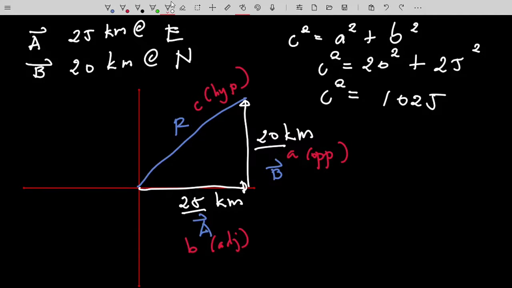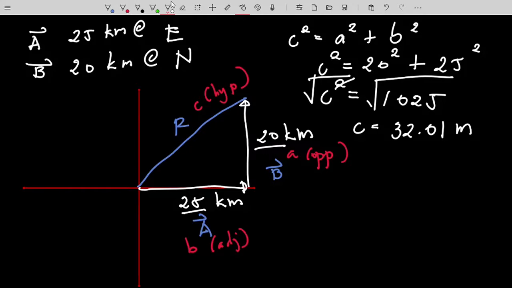To cancel the squared, we simply use the radical sign, or the square root, on both sides. So what is left is c equals the square root of 1025, which is 32.01 kilometers. So the value of your resultant vector has a magnitude of 32.01 kilometers. That is how we get the resultant vector using the Pythagorean theorem.